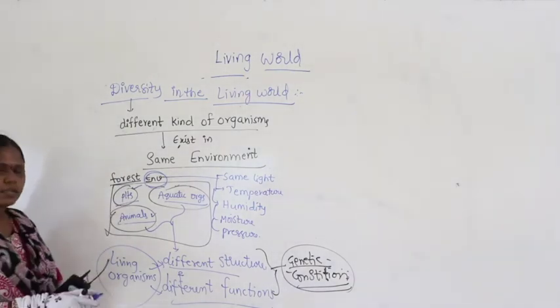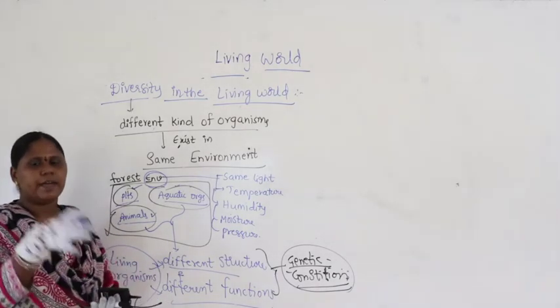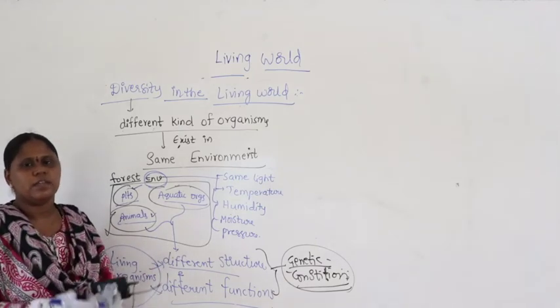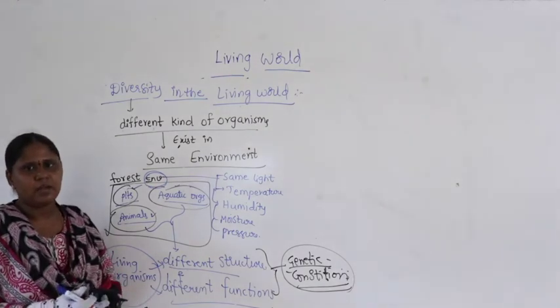Now, what are our scientists doing? I think you keep watching Discovery channels and all that. The scientists go to the forest and try to discover the different life cycles of different types of animals, and they study their life cycles.